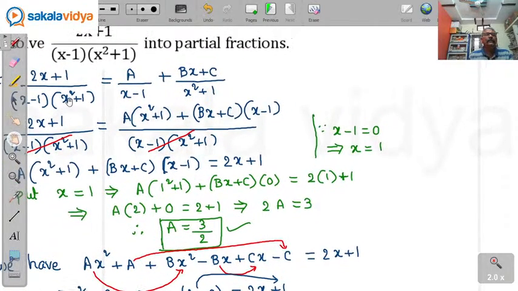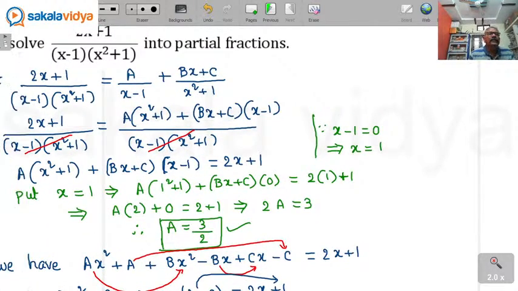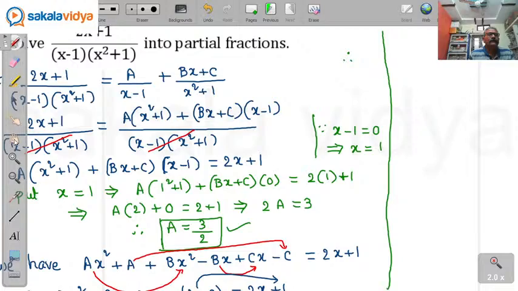So now we can write like this, no problem. Wait for a while.